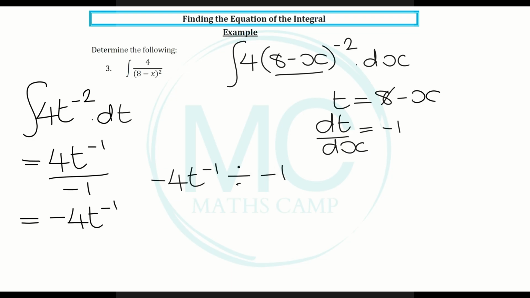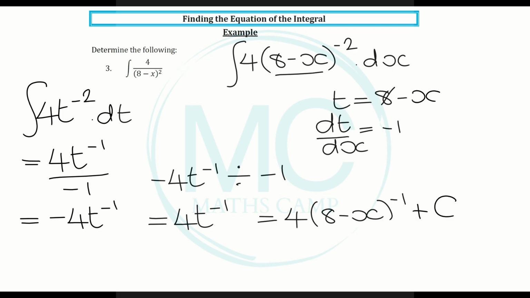Negative 4 divided by negative 1 leaves me with positive 4. This becomes 4t with an exponent of negative 1. Now let's substitute the bracket back into t, and we get 4, the bracket of 8 minus x, with an exponent of negative 1, plus the constant of c.